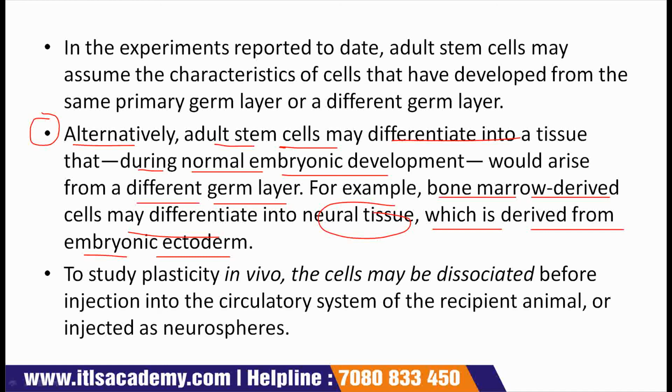Besides this, the vast majority of experiments on plasticity have been conducted with adult stem cells derived either from the bone marrow or the brain. The bone marrow derived cells are sometimes sorted using a panel of surface markers into populations of hematopoietic stem cells or bone marrow stromal cells.